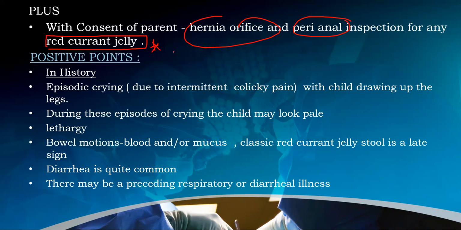One task was to do per-anal inspection after finishing your history. So you did the history, you are not sure what it was, and you also asked for physical examination findings from the examiner. And when you went for per-anal inspection, you actually need to open the diaper. And when you open the diaper, you can see the red currant jelly coming out of the dummy or doll.